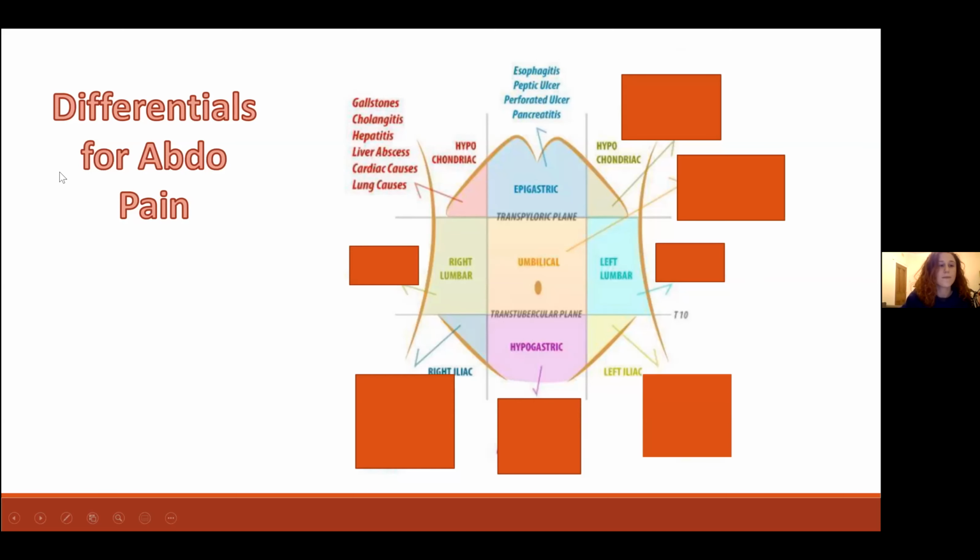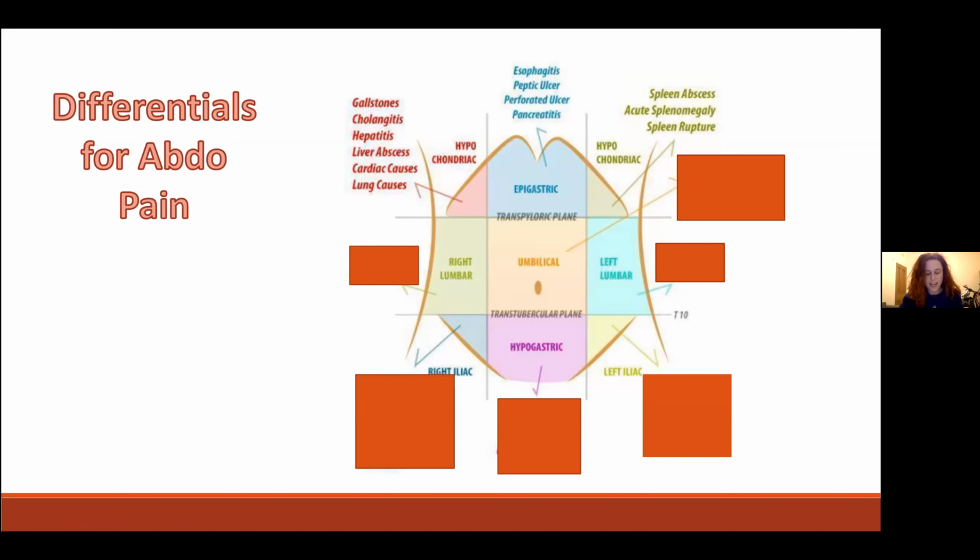So gastric cancer, splenic rupture, splenic infarct, pyloric stenosis, hernias. Okay, yeah, so you got the main ones here. They're mostly spleen stuff, and then also ulcers, like you said.